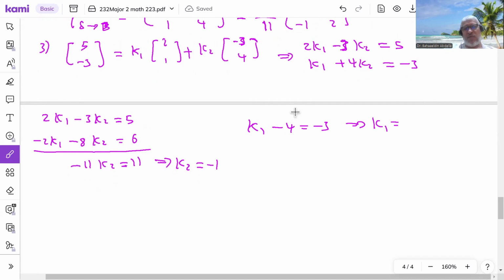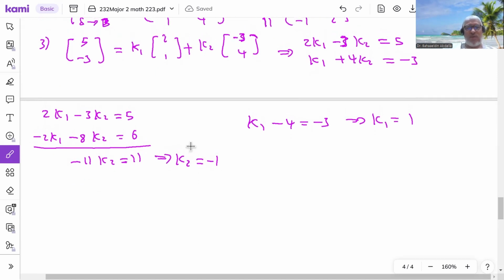So K1 is negative 3 plus 4, that's 1. So 5 and negative 3 is equal to K1, which is 1, times 2, 1, minus 1 times negative 3, 4.